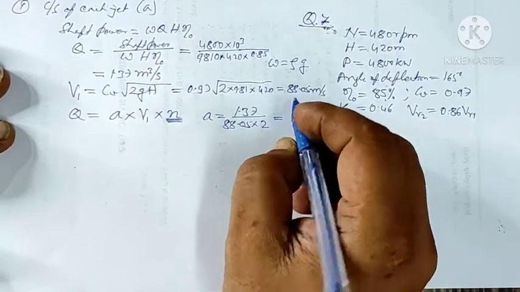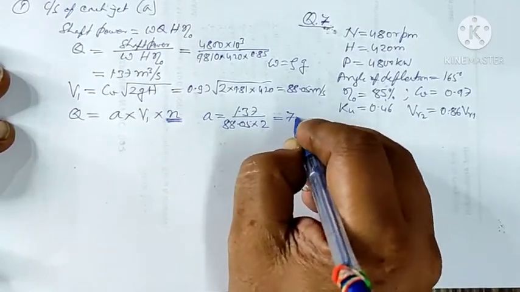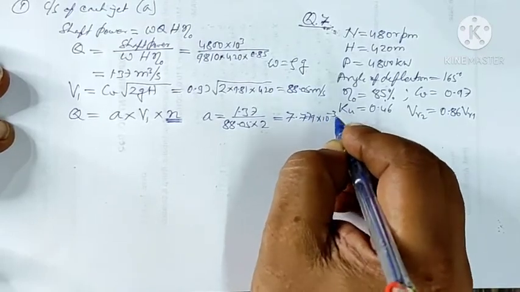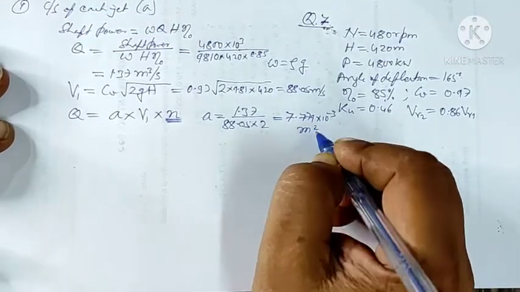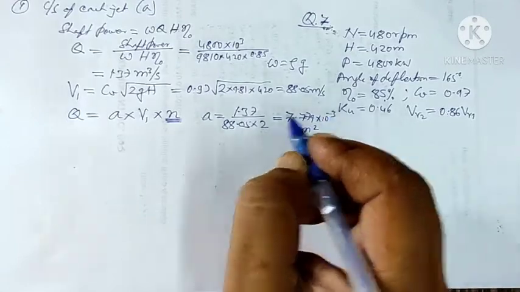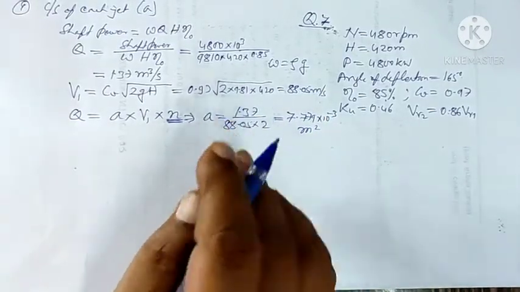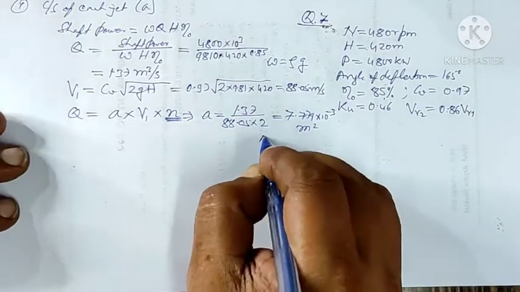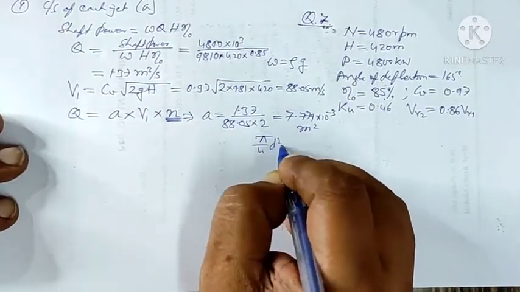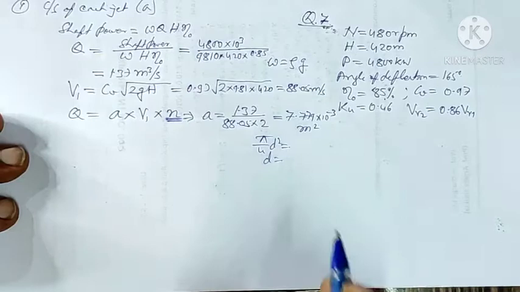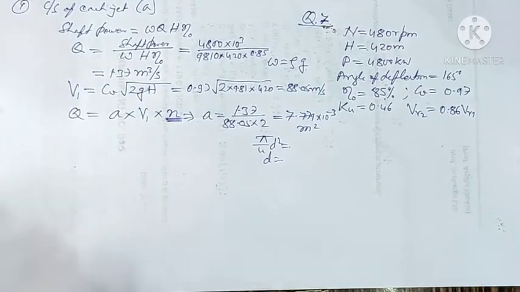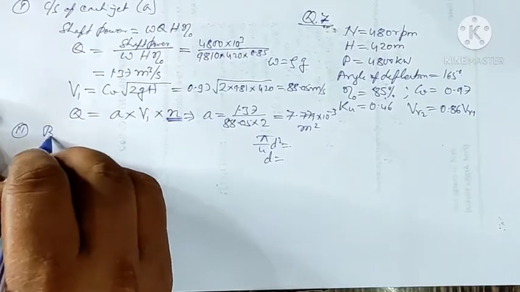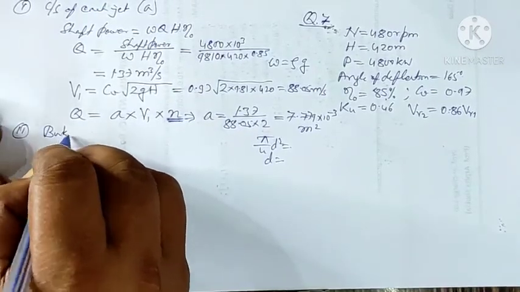So it is equal to 7.779 into 10 to the power minus 3 meter square, that is the area. Only the area is required, so we are finding out the area. If the diameter is required, then we will equate this with pi by 4 d square and find out the value of d. Then the second thing asked is the bucket pitch circle diameter.